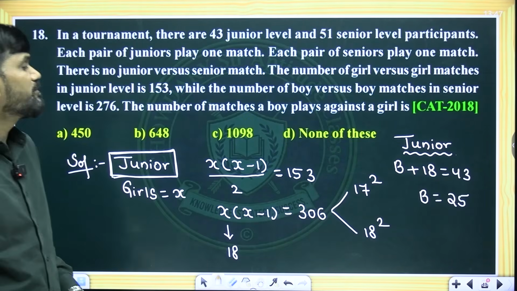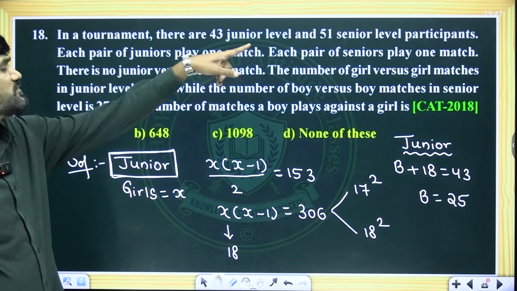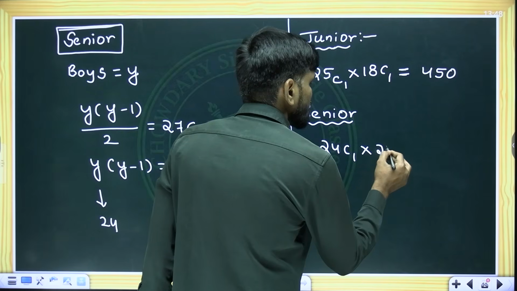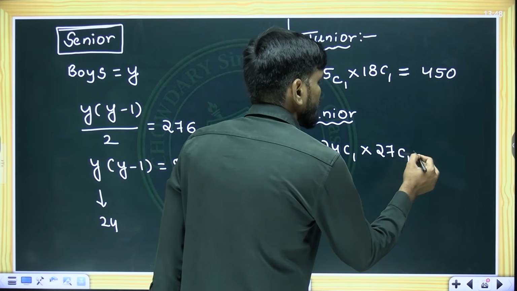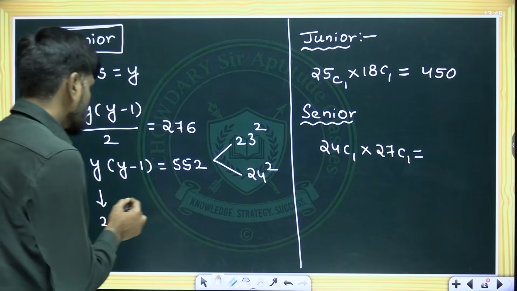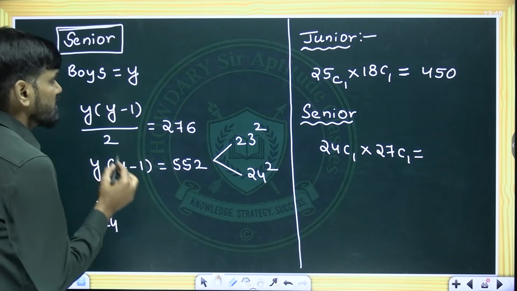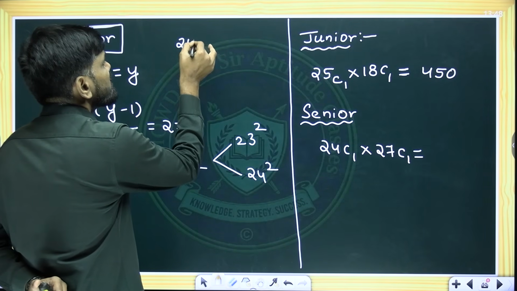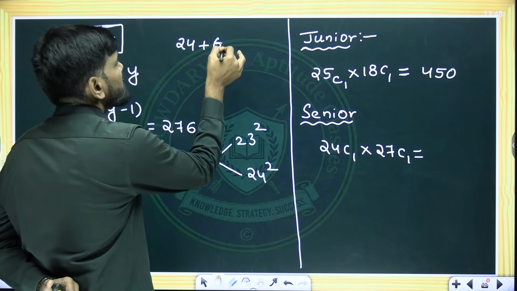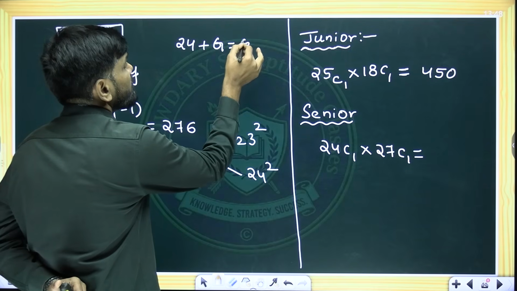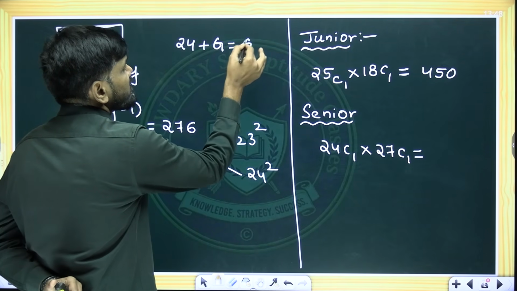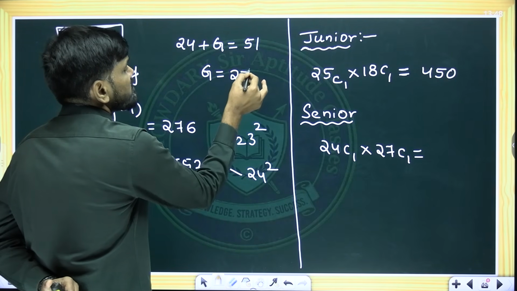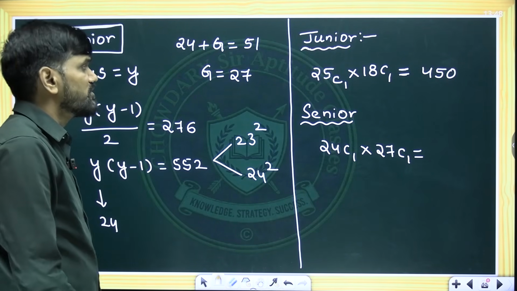Boys are 24, the total is 51, so 24 plus girls equals 51. From this, girls are equal to 27. So girls at senior level are 27.